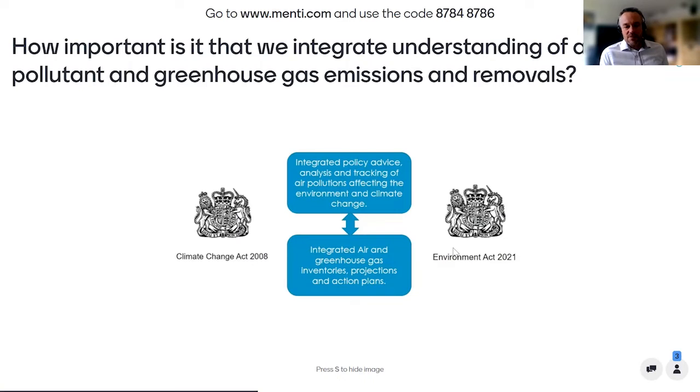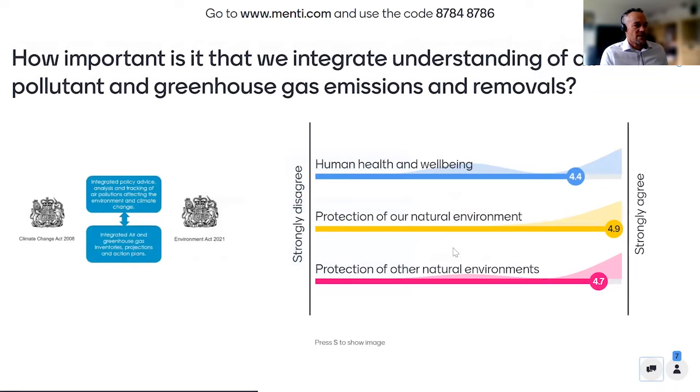And really that comes from the perspective of the activities that go on in the UK and looking at how those activities are impacting on emissions into the environment of air pollutants or greenhouse gases. So we've got quite a strong mandate to look at this in more detail.